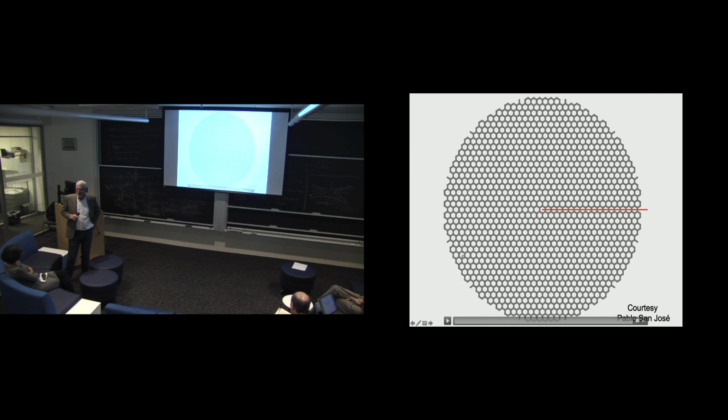Moiré patterns emerge when you have two-dimensional meshes, two-dimensional lattices, let's say. In this illustration, I have a honeycomb lattice, a two-dimensional honeycomb lattice with gray links between the sites on the lattice.